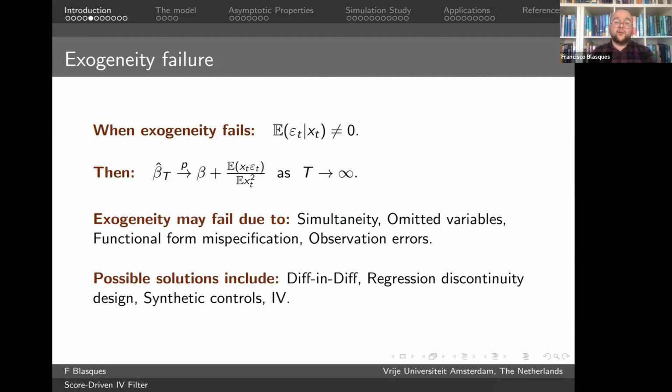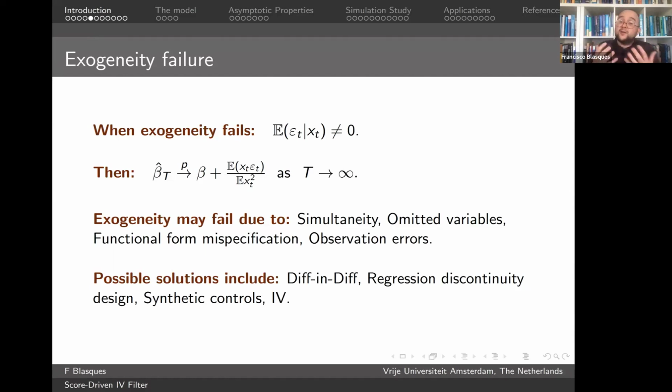to these, apart from the obvious: if there's omitted variables, why don't you try to add all the relevant variables that are correlated with regressors, right? Or functional form misspecification, well, just try to make it correct.